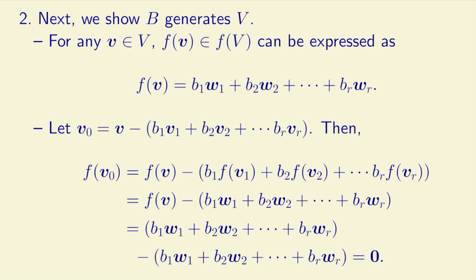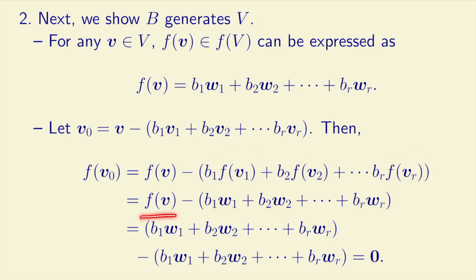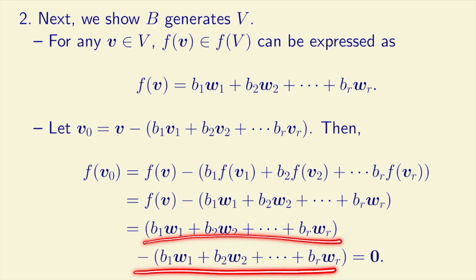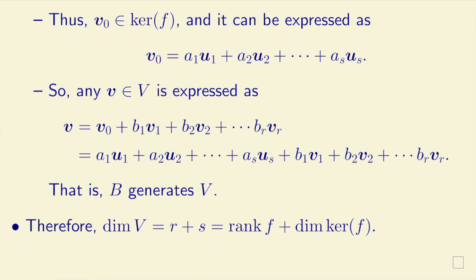We know f of vi is equal to wi, so that simplifies to f of v0 equals f of v minus (b1 w1 plus ... plus bR wR). Since we said that f of v is equal to b1 w1 plus ... plus bR wR, this means f of v0 is equal to 0. So v0 is in the kernel of f. Since u1 through uS is a basis for the kernel, we can write v0 as a linear combination of the u's.